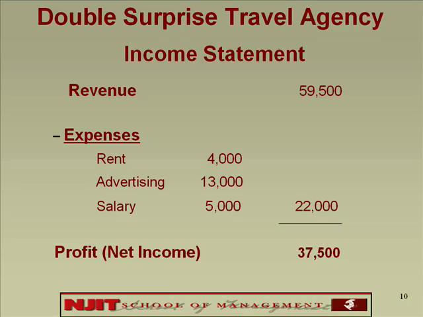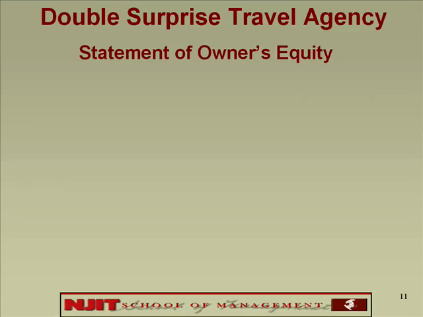Let's do the statement of owner's equity. Do you remember the formula? Owner's equity statement has capital. I think that was 10. Can you check? Is that what you have on your spreadsheet? The capital belongs to the owners. The profit the business makes belongs to the owners.